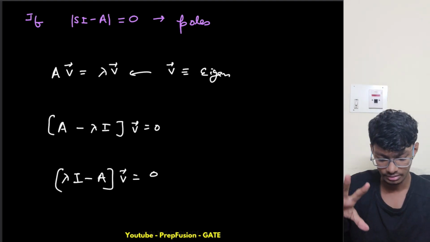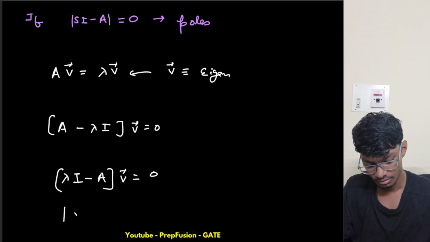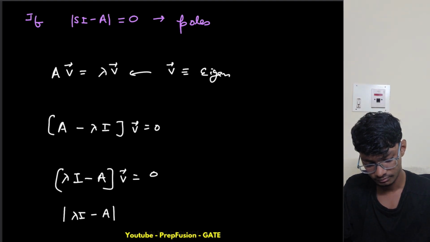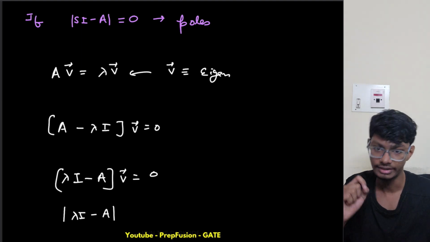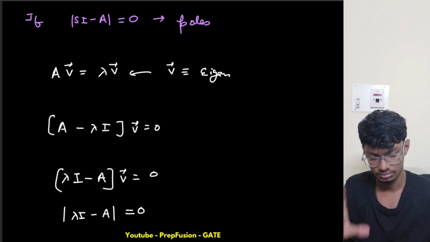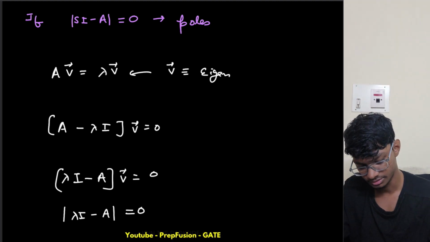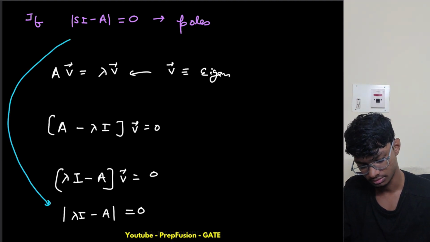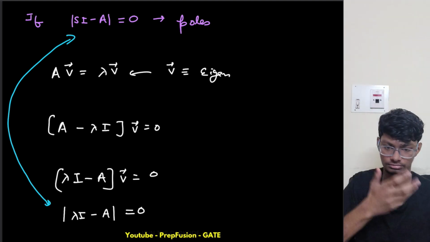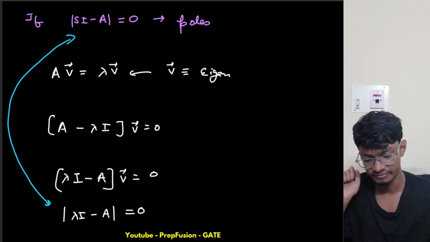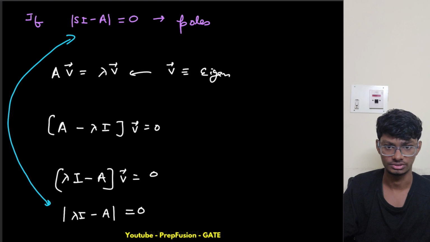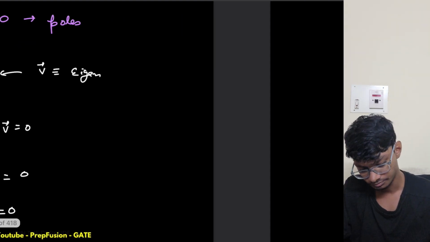If I take the determinant, I am varying lambda to find the eigenvalues. So what does this mean? This equation and that equation are similar. I'm varying lambda to find the eigenvalues, and I'm varying s to find the poles.